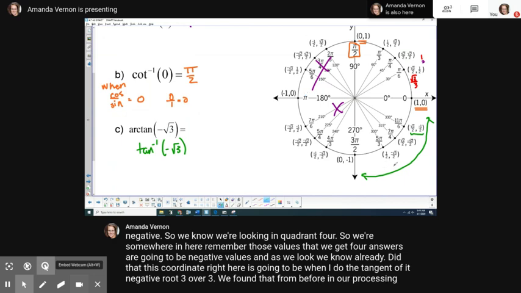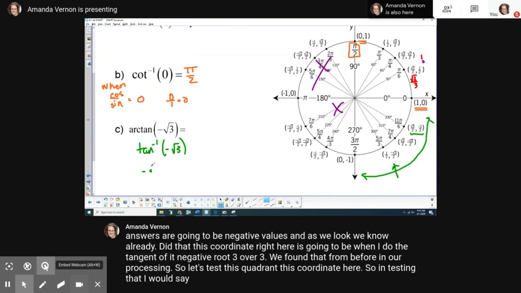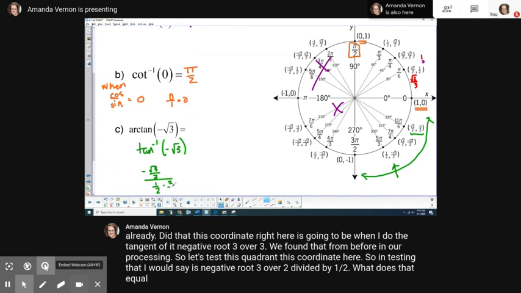So let's test this coordinate here. So in testing that, I would say is negative root 3 over 2 divided by 1/2. What does that equal? So multiplying by the reciprocal gives me negative root 3, which is what we were looking for.